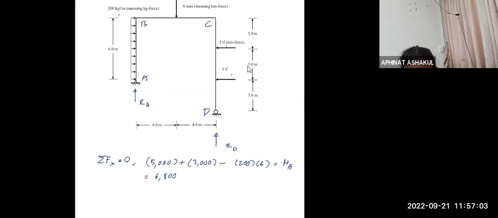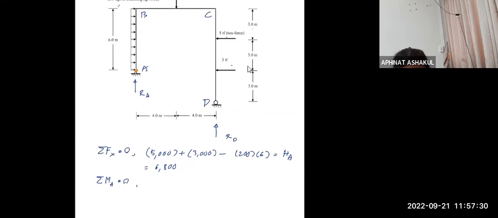Now you can try sigma MA equal to 0. Now back to your good old sigma moment equal to 0 thing, right? You should be happy now, but be careful. Just take account for every force. First, we're going to tackle the uniform load.